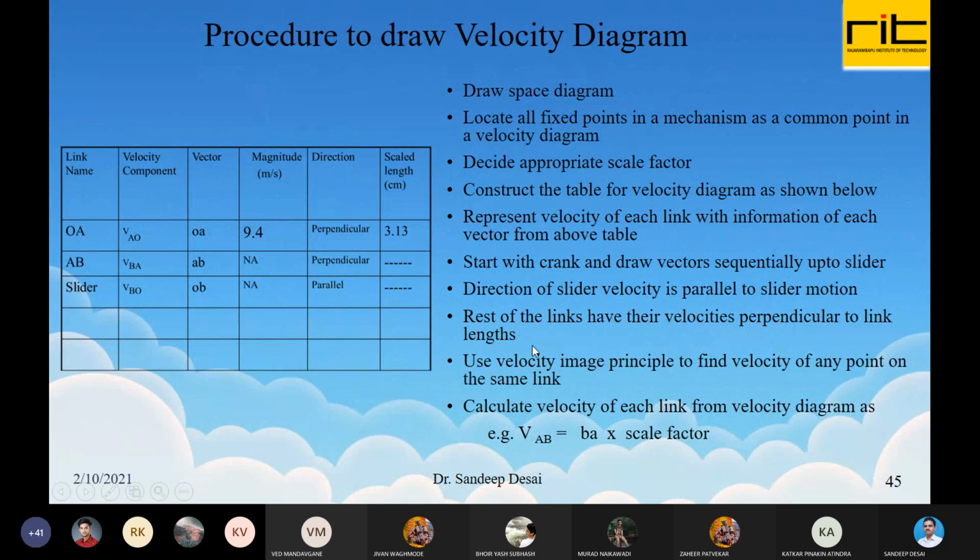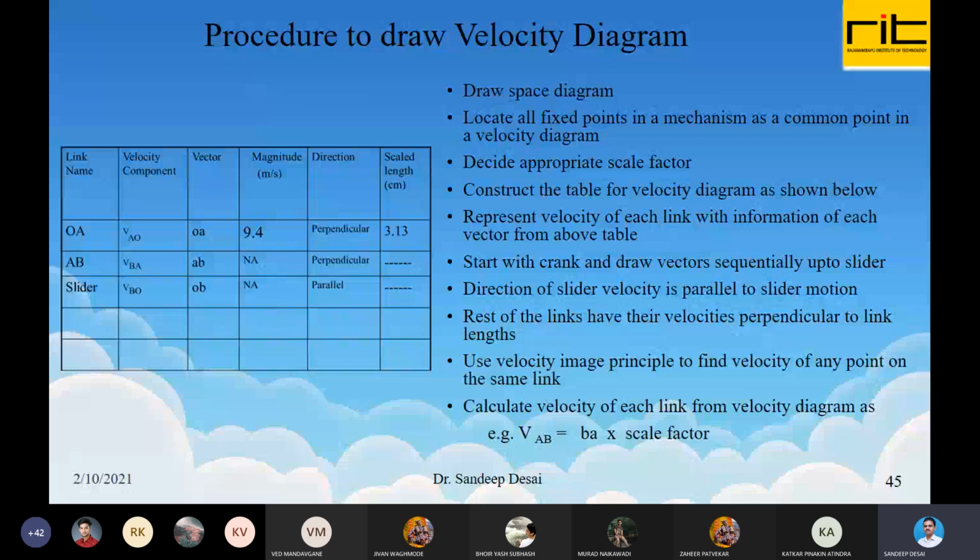Use velocity image principle to find velocity of any point. Let's see when need arises what the velocity image principle is. And calculate velocity of each link from the velocity diagram drawn. Velocity diagram is nothing but a vector diagram. Even acceleration diagram is a vector diagram.